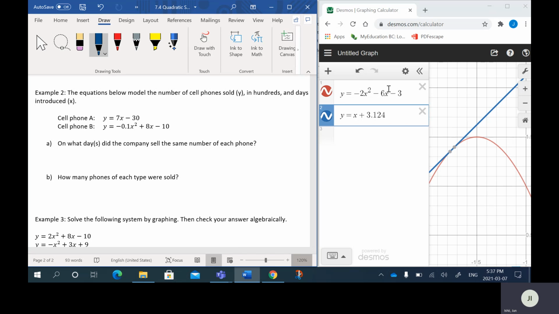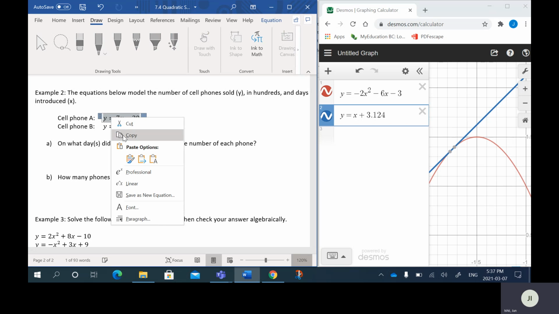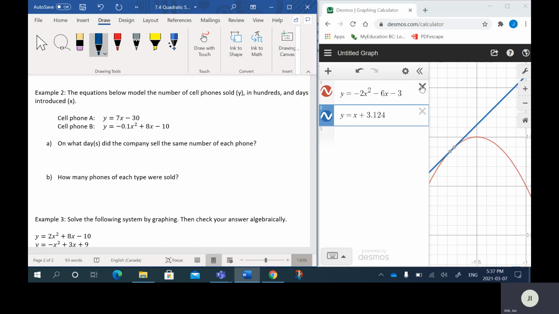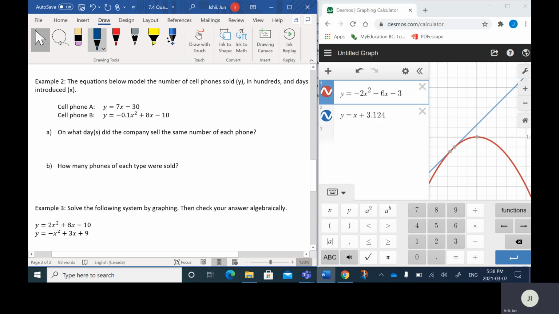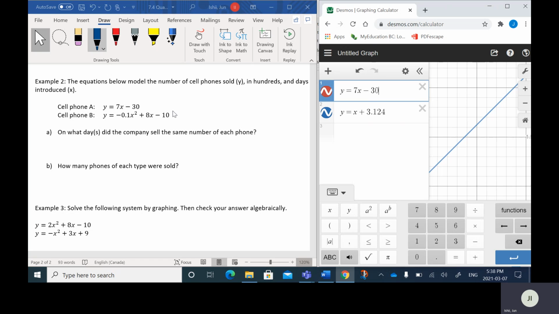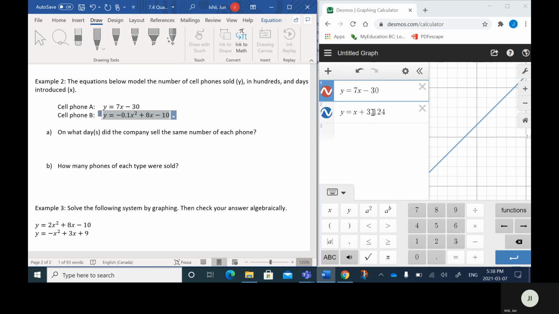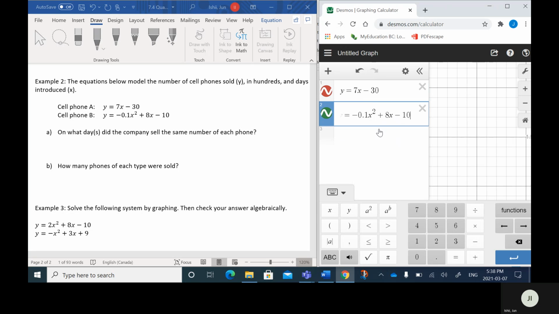So what I'm going to do here is just basically graph these 2 lines. Right? So I'm going to use a little shortcut method here, and copy and paste it on. So the first line I'm going to graph here is y equals 7x minus 30, and the second one here is the parabola.